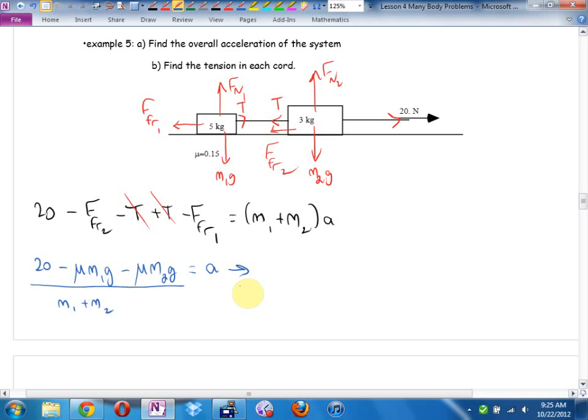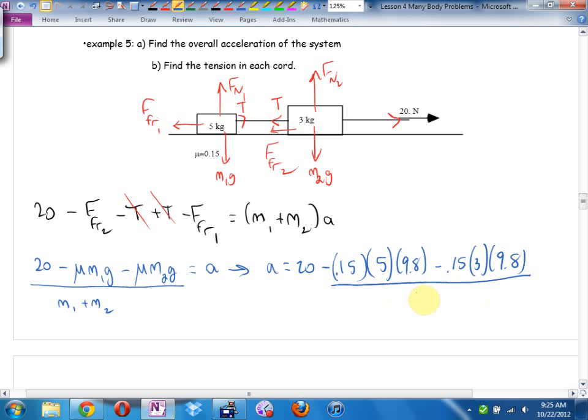Okay, now we were doing some in our head. We're not doing these in our head anymore. The acceleration is going to be 20 minus 0.15 times 5 times 9.8 minus 0.15 times 3 times 9.8, all divided by 5 plus 3.